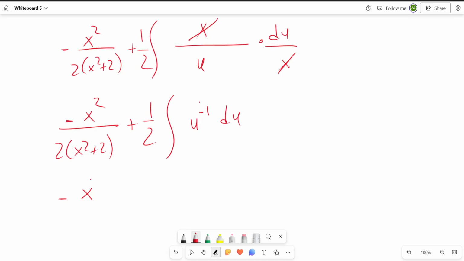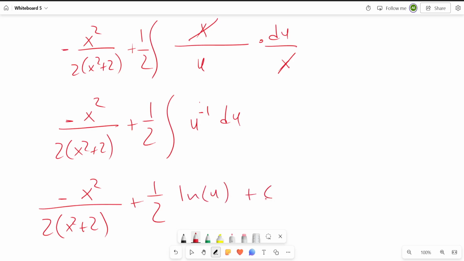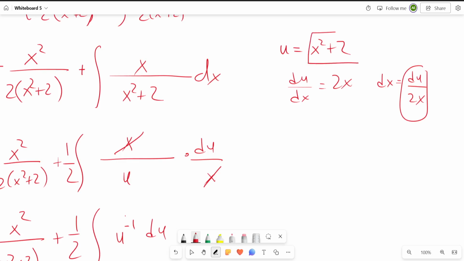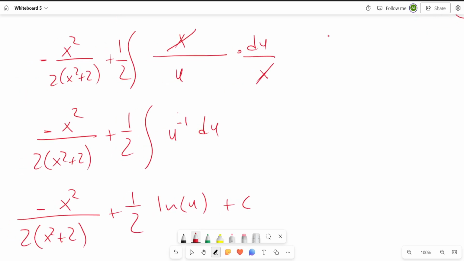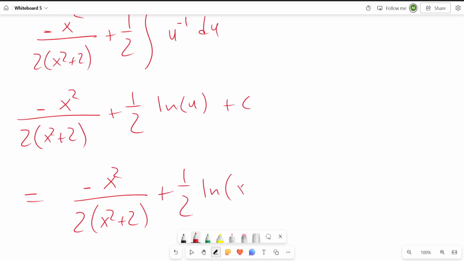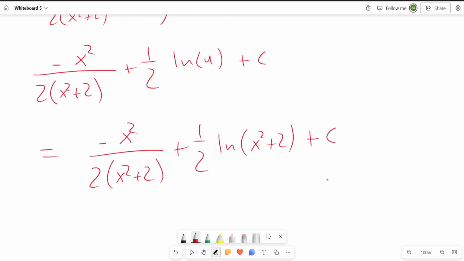So this is going to be negative x squared over 2 times x squared plus 2 plus half times ln of u plus c. So now to finalize our problem, we will substitute back u with x squared plus 2. So the final answer is going to be negative x squared over 2 multiplied by x squared plus 2 plus half ln of x squared plus 2 plus c. And this over here is going to be my answer for this question.